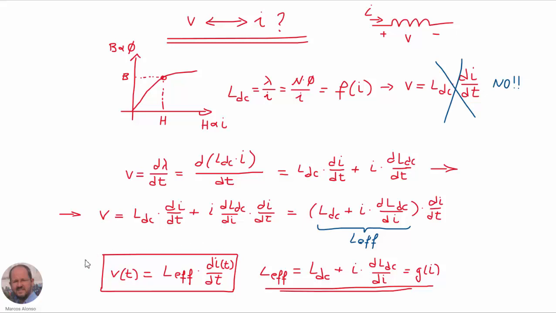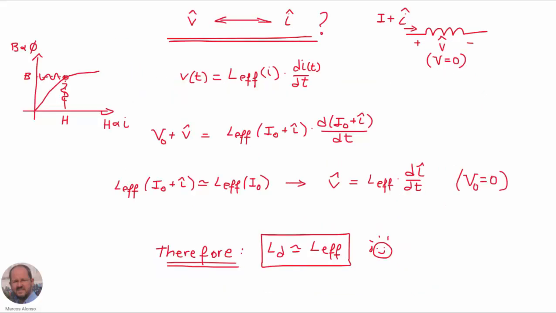So at the end we can say that this is again the differential equation that we have to know for the behavior of the inductor, which is the same as the usual one, but when we are operating in the saturation area we have to use this value of the effective inductance that is going to depend on the current level. And also note that this equation with this definition for the effective inductance is valid not only for DC inductors but for any inductor that operates in the saturation region of the BH curve.